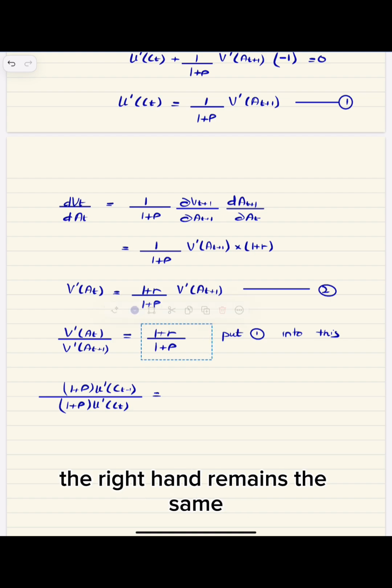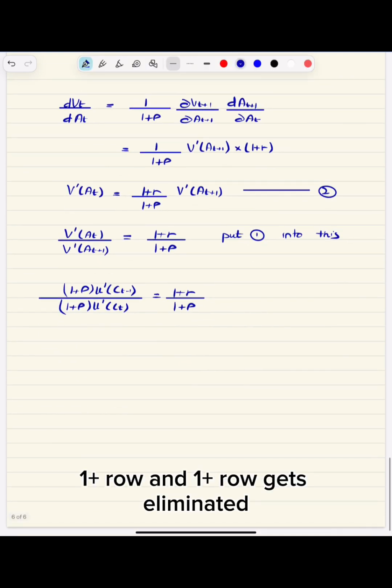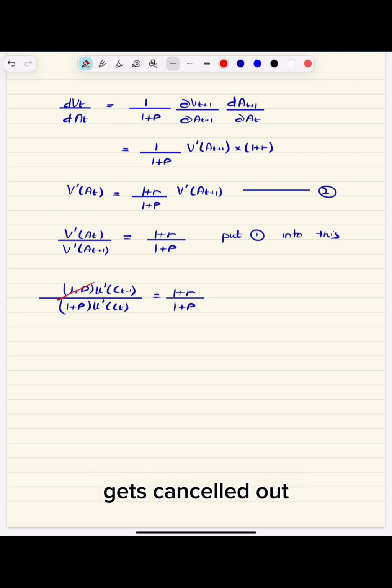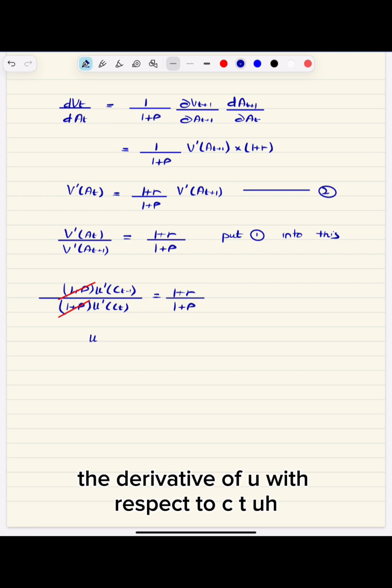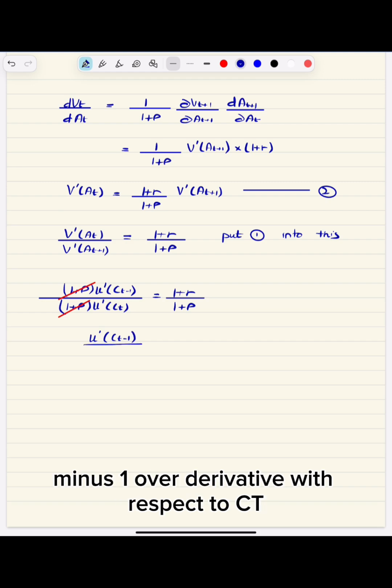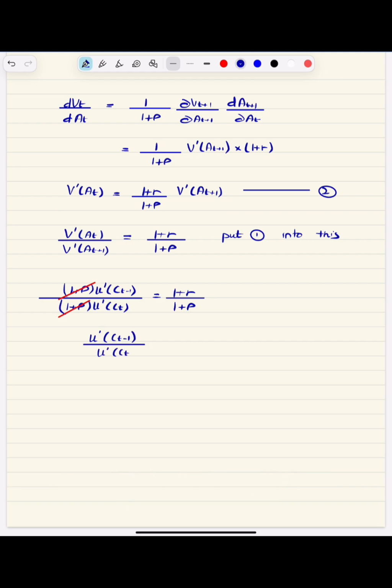Okay, the right hand side remains the same. The (1 plus rho) and (1 plus rho) get cancelled out, and we have the expression: the derivative of u with respect to c_{t-1} over the derivative with respect to c_t equals (1 plus r) over (1 plus rho).